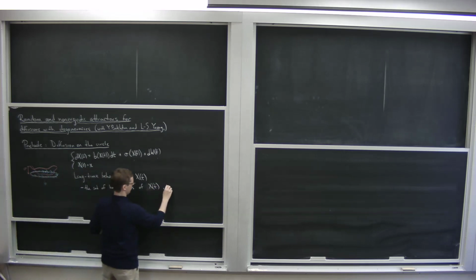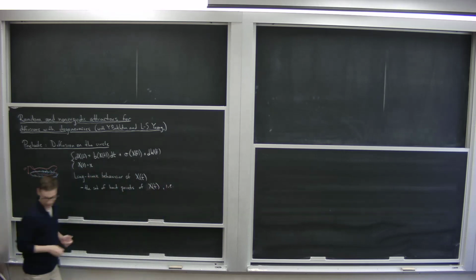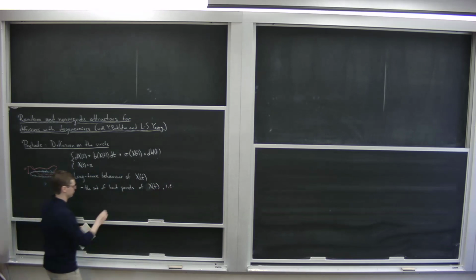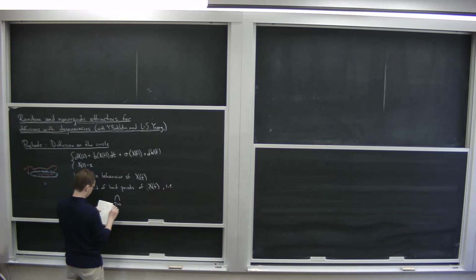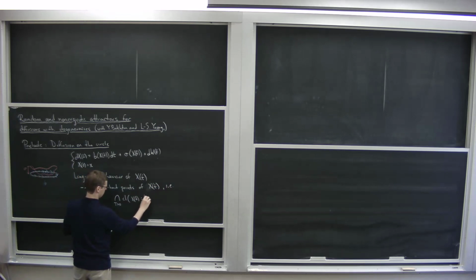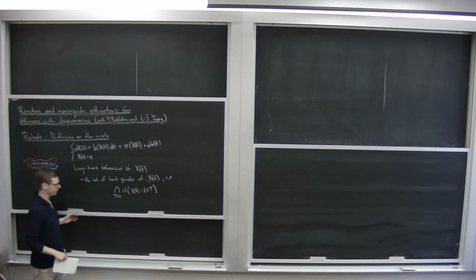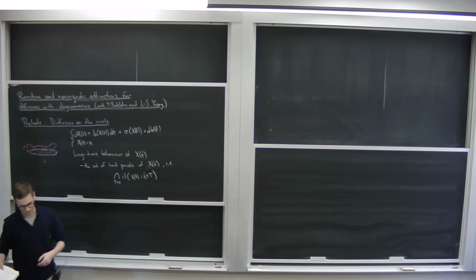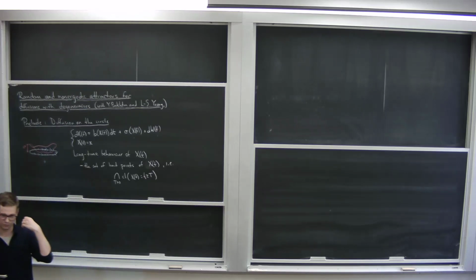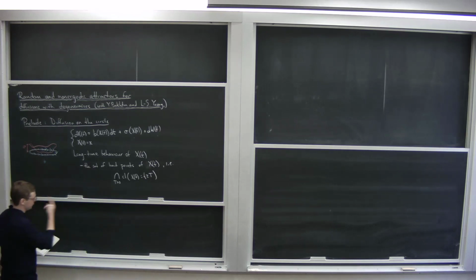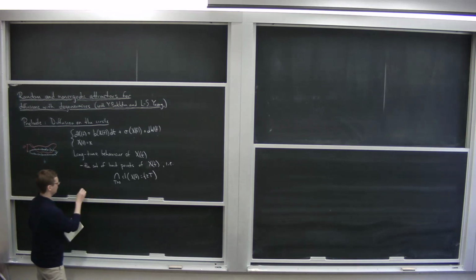I'll write it once, but after that, I'll just say set of limit points. It's just the intersection over all times of the closure of this. The way you should think of this is just a set of points that you come very close to very often. And it has a precise meaning.